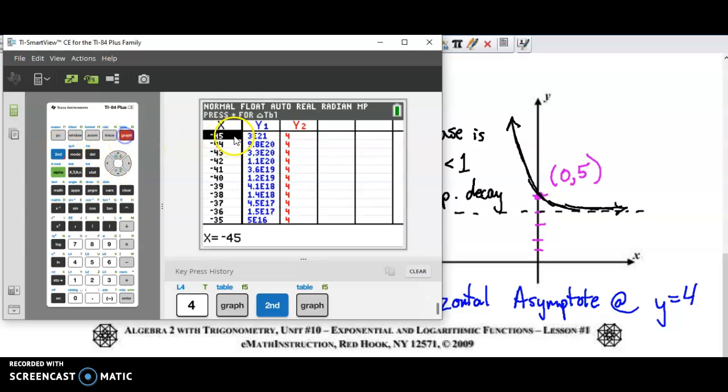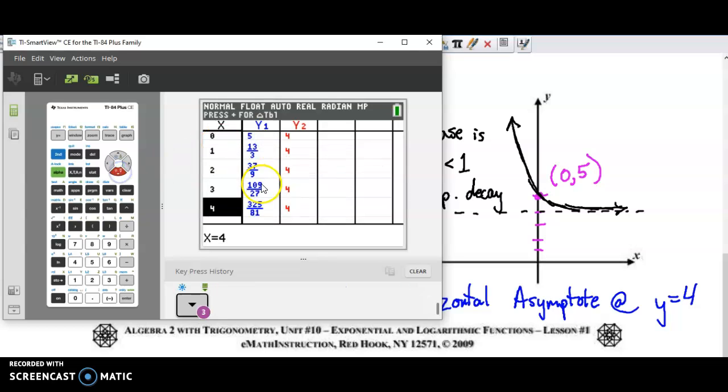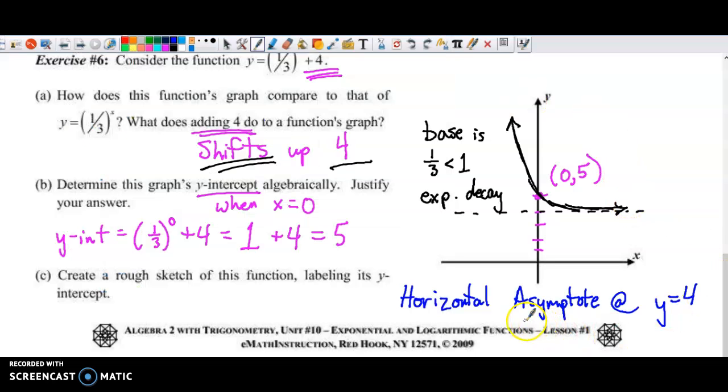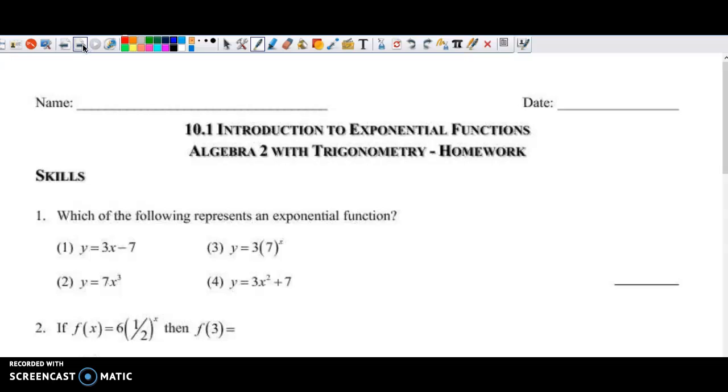Like if you look at the table, it makes it a fraction, but if I change those to decimals, you'll see that it looks like it's getting closer and closer to 4, even though it's not actually supposed to be hitting 4. And that's what an asymptote is. So the asymptote is y equals 4. It's the line that the curve is approaching. And I think I've talked about everything that I've needed to prepare you for this homework assignment. 10.1 homework should be good to go.